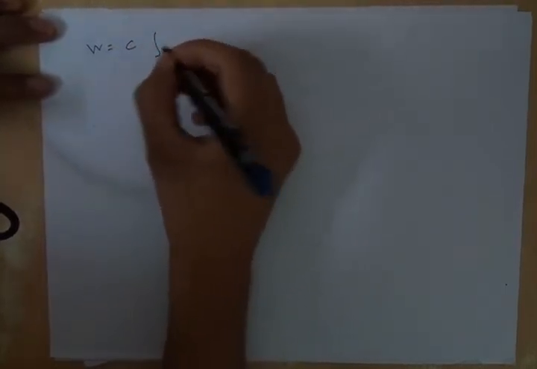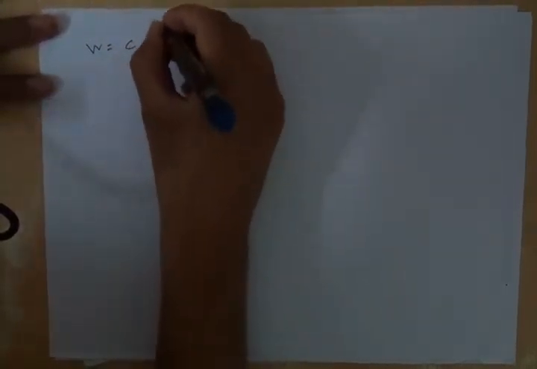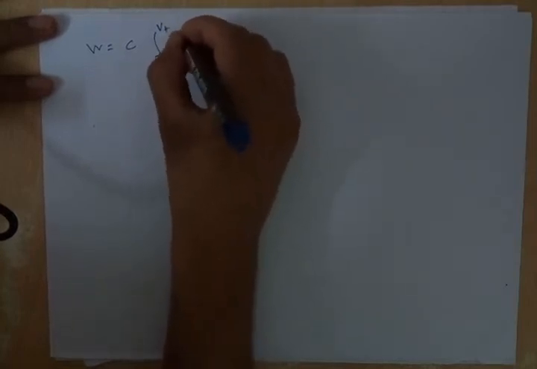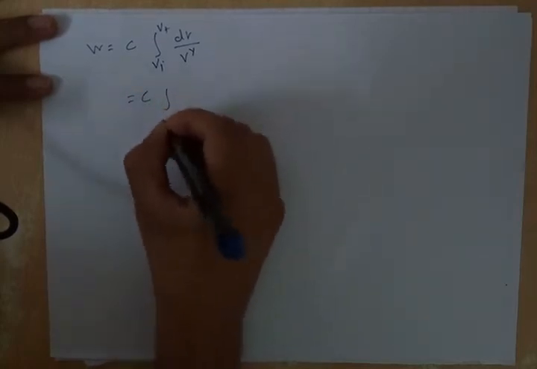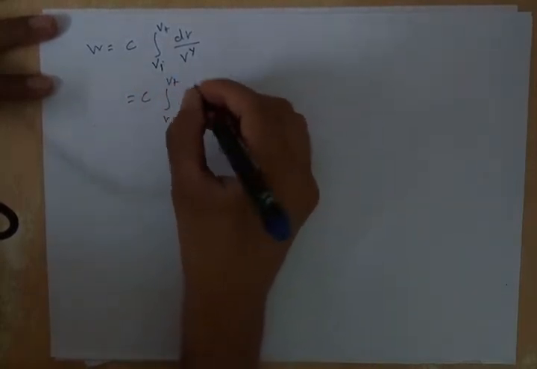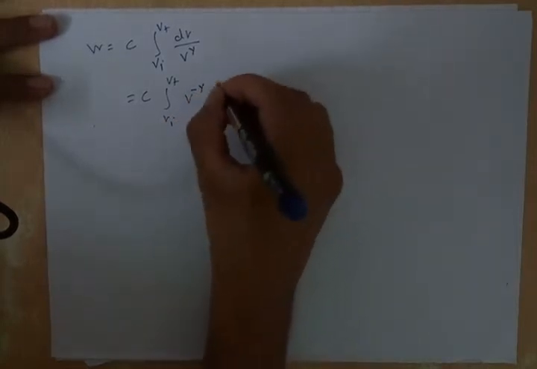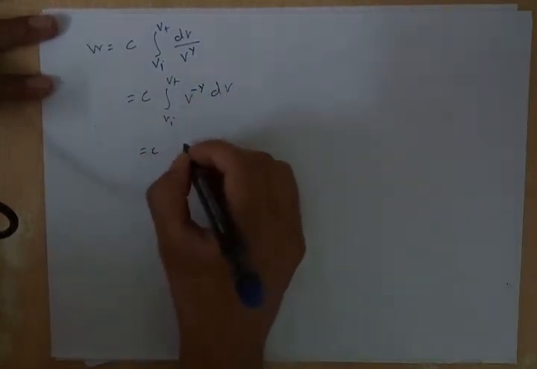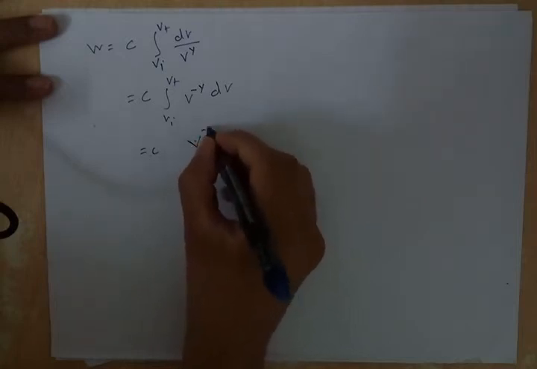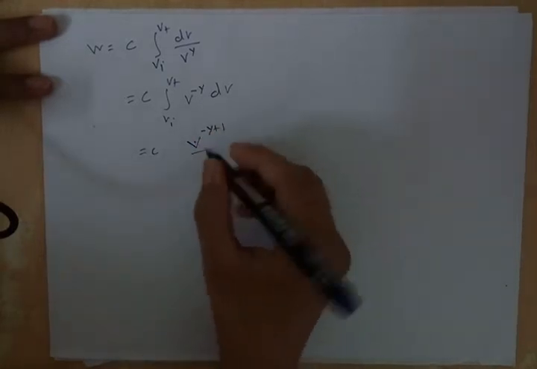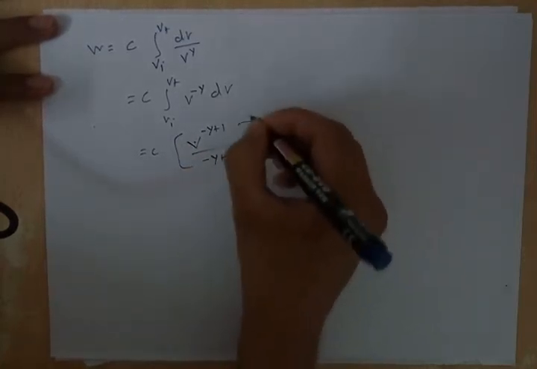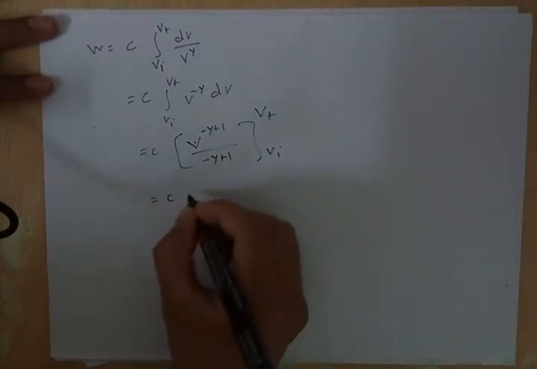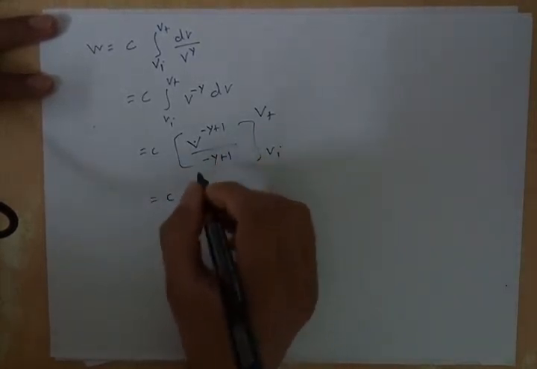Now we can write W is equal to, we can take the constant outside of the integrand. So integral from Vi to Vf of dV upon V raised to gamma. So it will be V raised to negative gamma plus 1. Now we will take this constant outside.